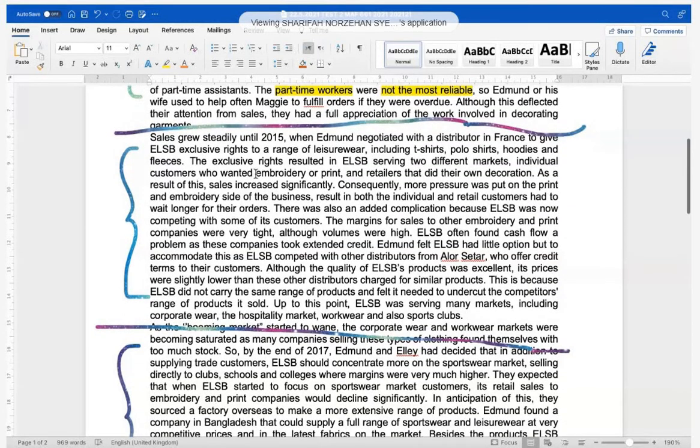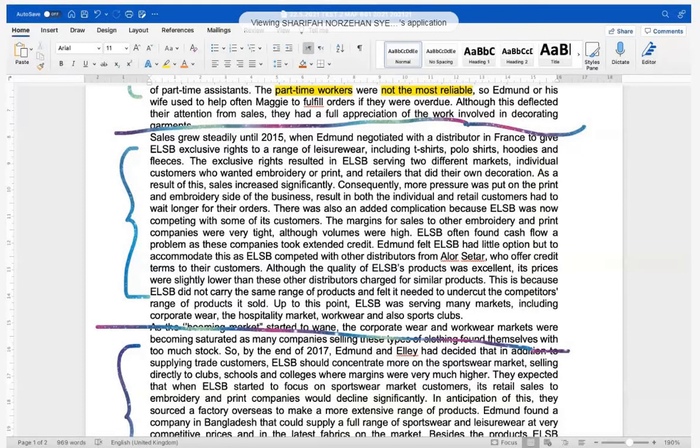Then sales grew steadily until 2015 when Edmond negotiated with a distributor in France to give ELSB exclusive rights to a range of leisure wear, including t-shirts, polo shirts, hoodies, and fleeces. The exclusive rights resulted in ELSB serving two different markets: individual customers who wanted embroidery or print, and retailers that did their own decoration.